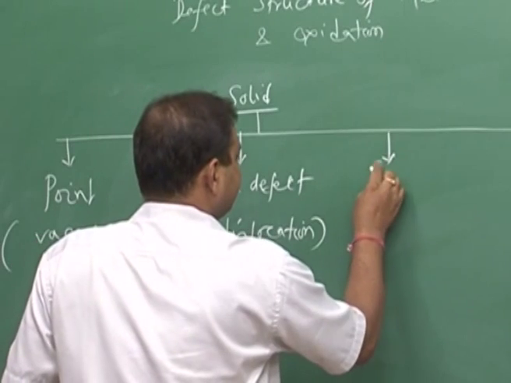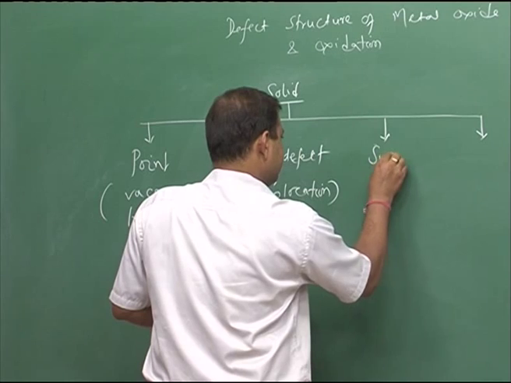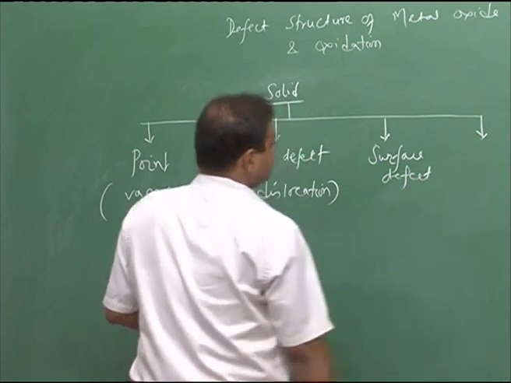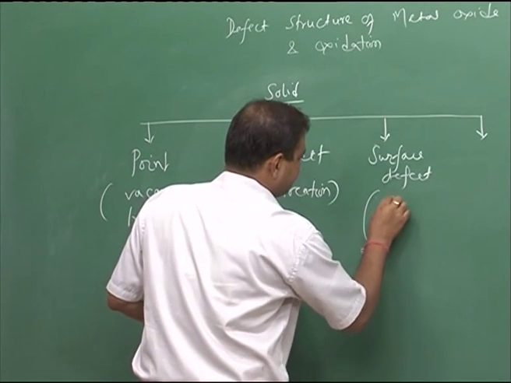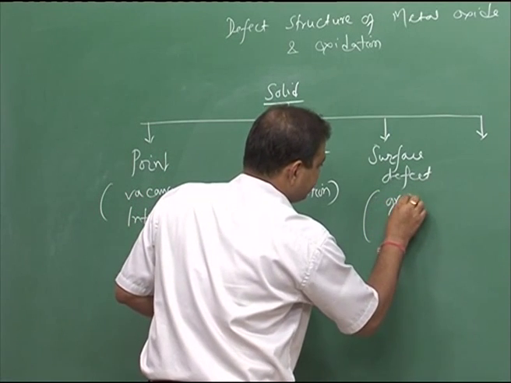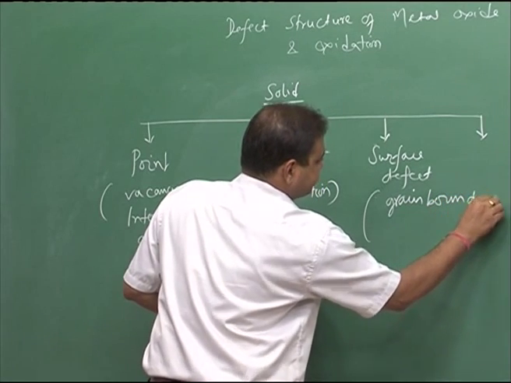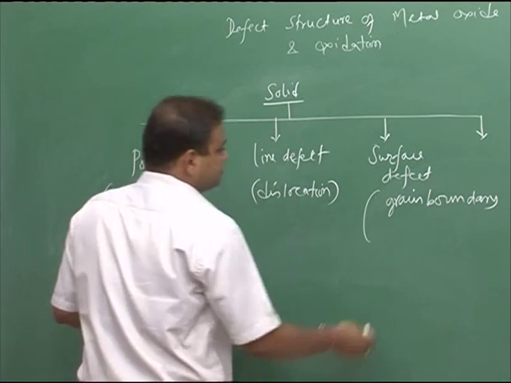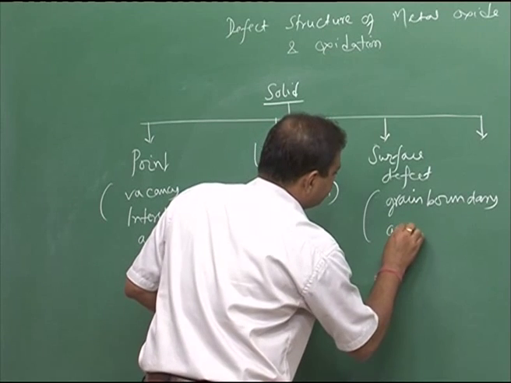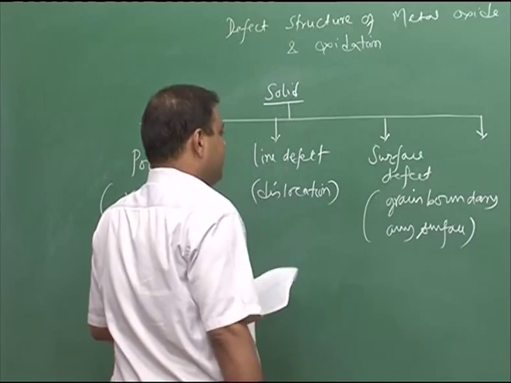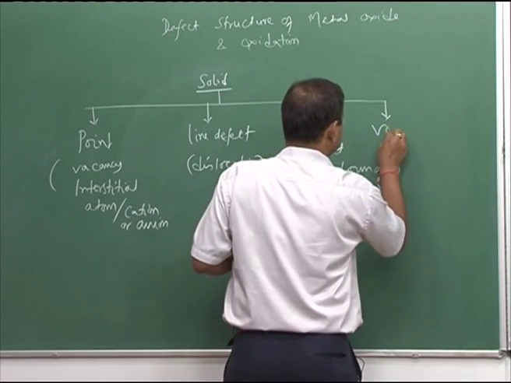Then we have surface defect. Example of surface defect: grain boundary, or any surface. And of course, there could be a volume defect.